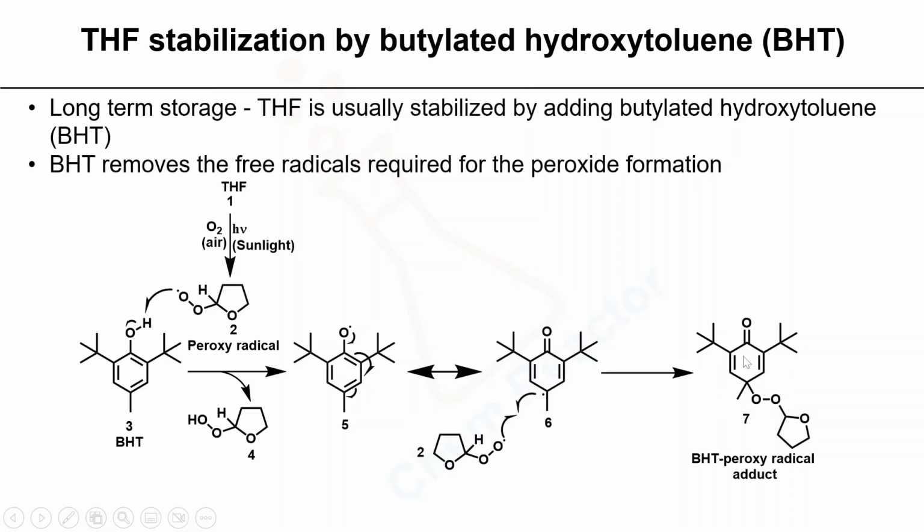From the mechanism you can see that in total one BHT molecule quenches 2 peroxy radicals, one here and the second here. That's how THF is stabilized by using butylated hydroxytoluene.